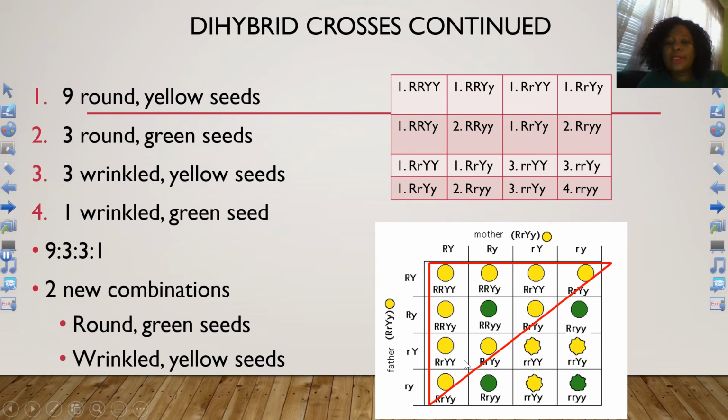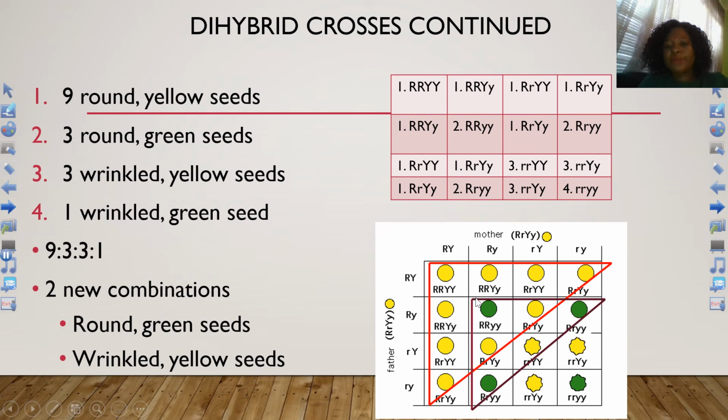This big red triangle encircles all the ones that have round and yellow seeds. If we count, we've got 1, 2, 3, 4, 5, 6, 7, 8, 9. So the big triangle is mainly to highlight the round and yellow seeds.